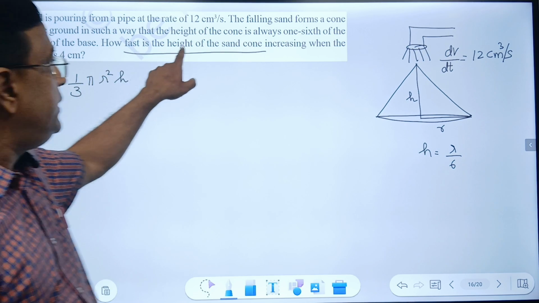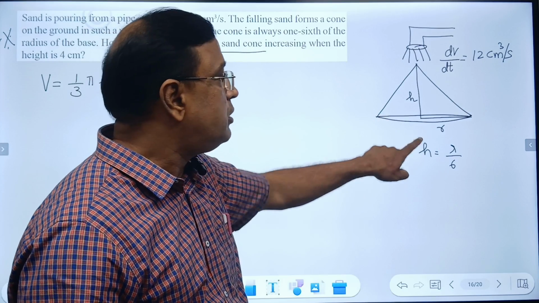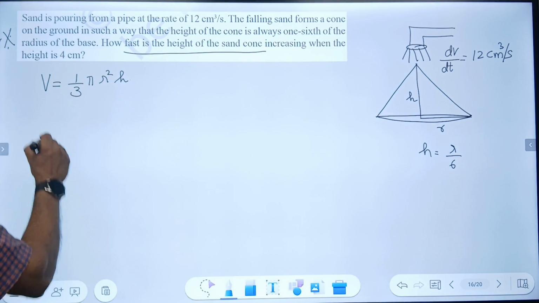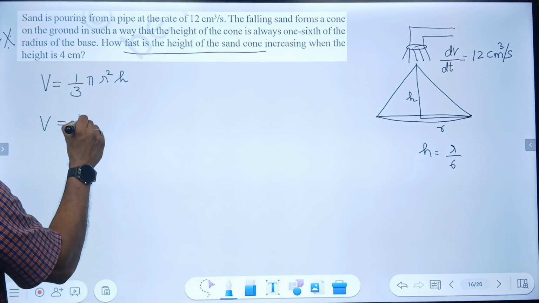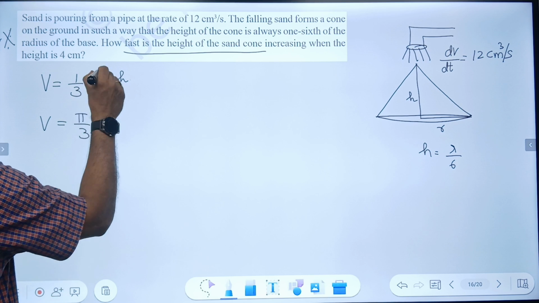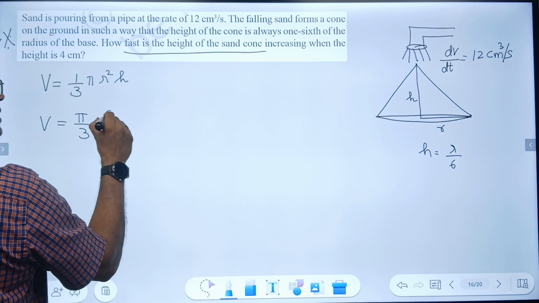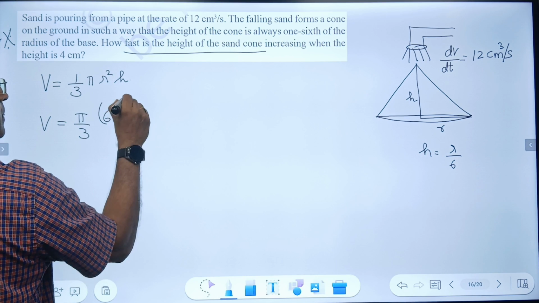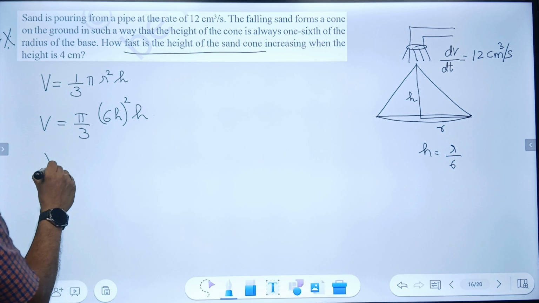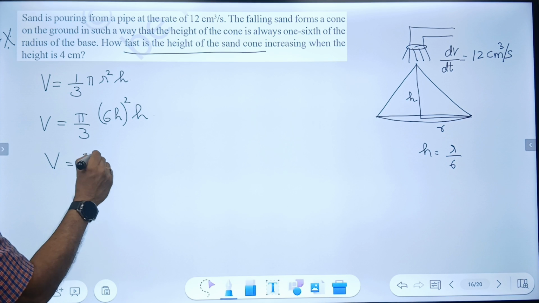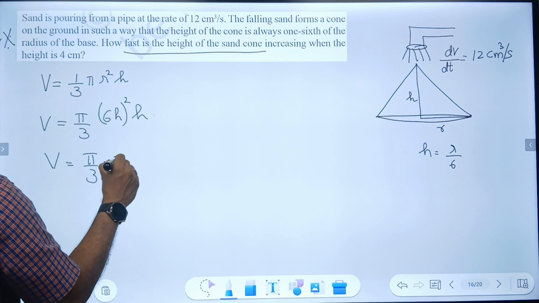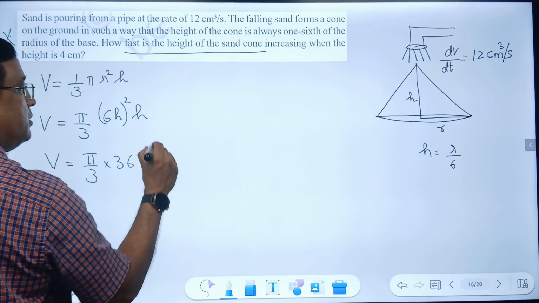Since I want to find dh by dt, I am not interested in the radius. I want to get rid of my radius. Now how do I get rid of the radius? r is nothing but 6h. So volume equals pi by 3 into 36h cube.